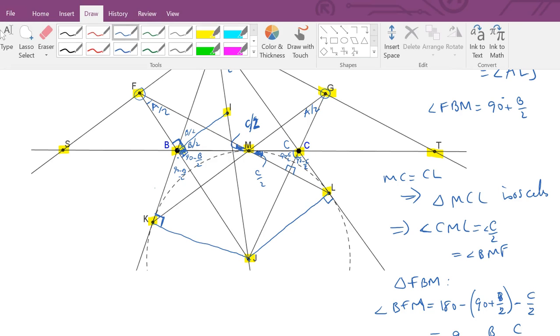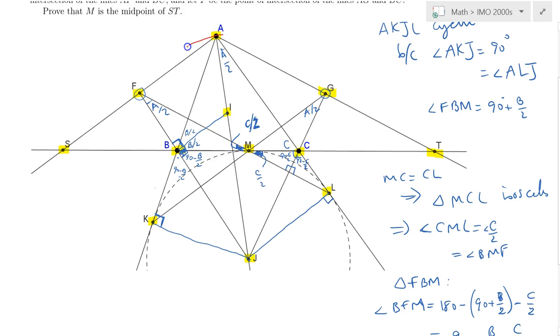So we have this very nice cyclic configuration with those six points. Because it's on that circle, obviously this would be 90 degrees, because recall that AJ is the diameter, and as well this is also 90 degrees.